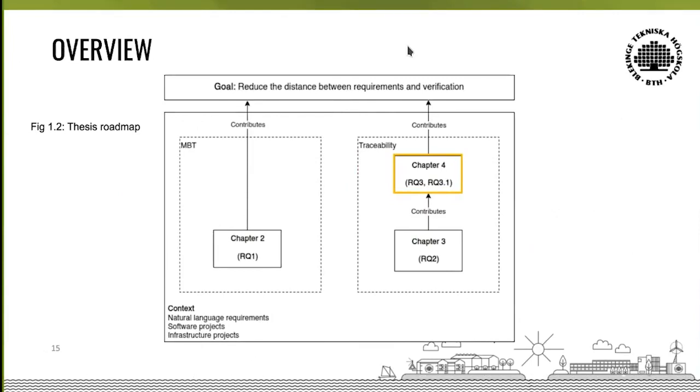We go now to chapter 4. We use now this input from the previous chapter 3, and mainly the results about the existence of changes, and particularly the trace links. And we want to investigate these trace link challenges and find how we can solve that.